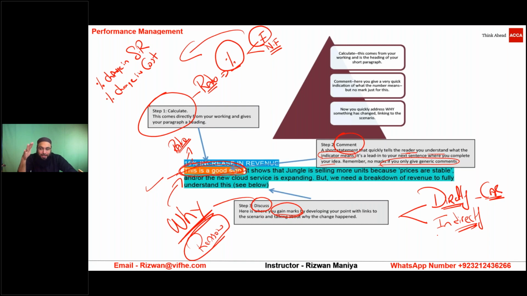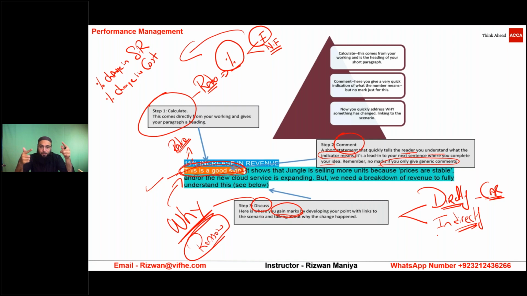For example, if one indicator changed, this may result in another indicator changing. Let me give you a quick idea. If the number of customers increased, maybe because customers increased, your quality went down. If you have an online or website-based business and the traffic on your website increased, this means your system downtime increased, which means late delivery occurred.